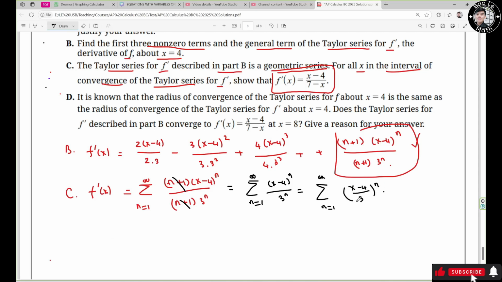Now if n equals 1, I have (s minus 4) over 3, plus n equals 2, I have ((s minus 4) over 3) squared, n equals 3, ((s minus 4) over 3) cubed, plus etc., plus ((s minus 4) over 3) raised to the n.